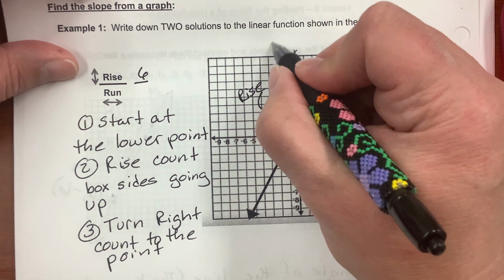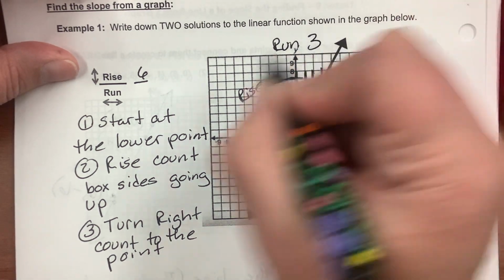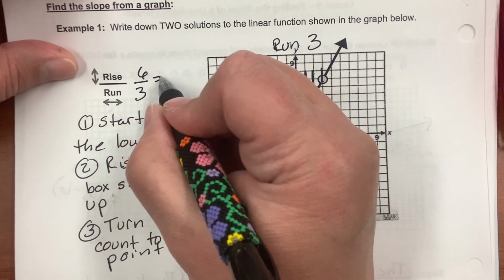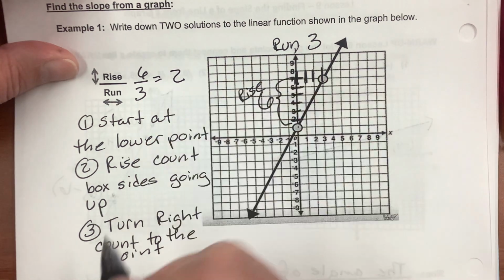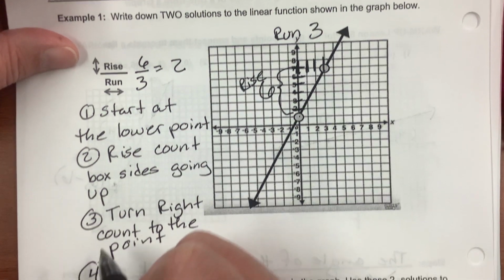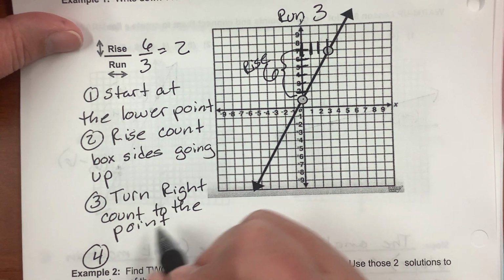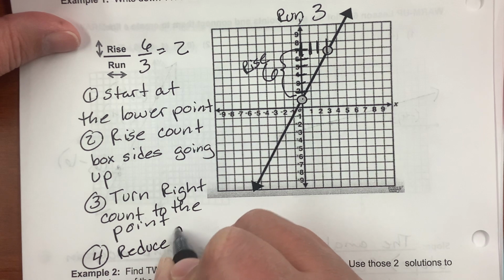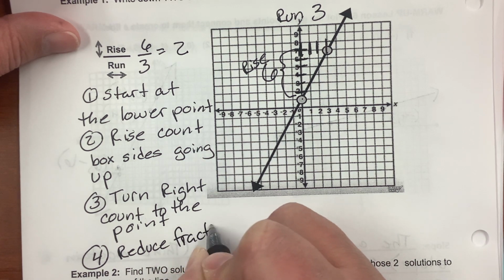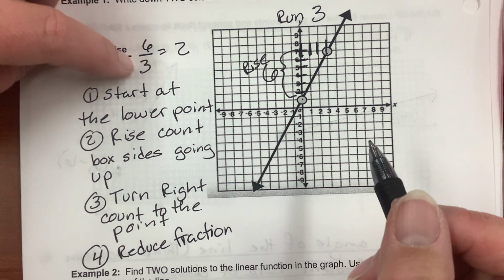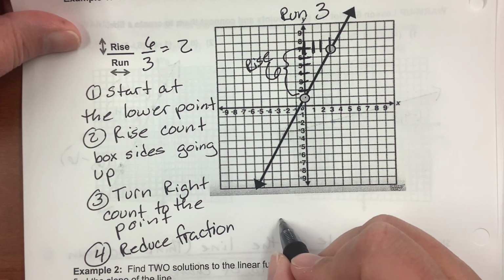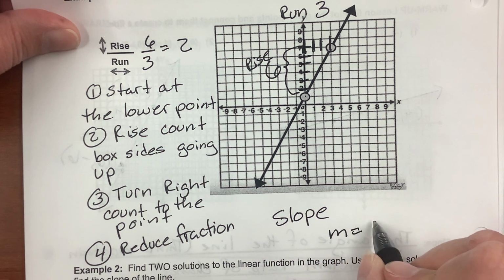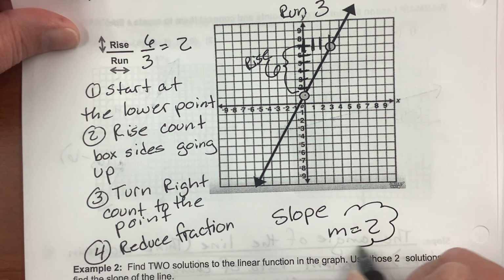So my run is 3. So I have a rise of 6 and a run of 3. 6 over 3 equals 2. So step 4, I'm going to reduce my fraction. And in this case, I divided. 6 divided by 3 is 2. And I get slope m equals 2. There's my slope, m equals 2.